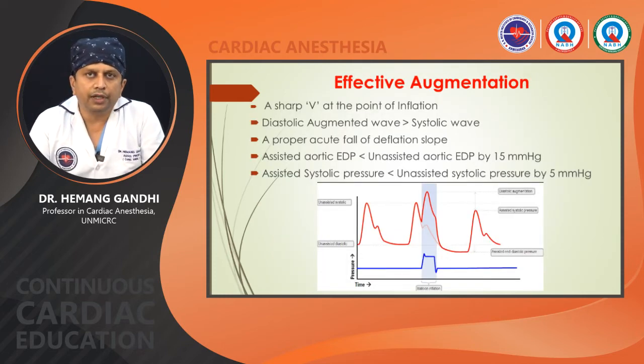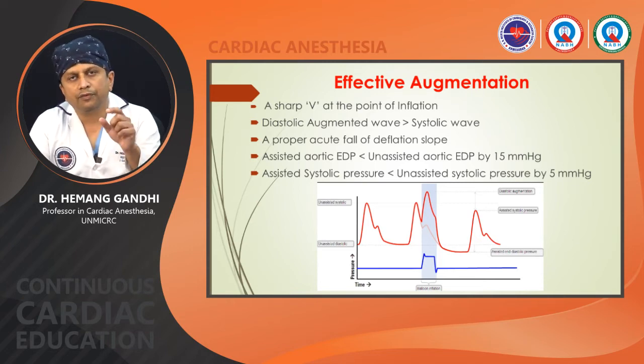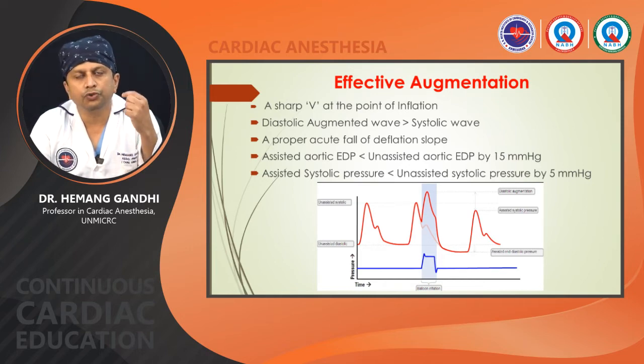How you can diagnose whether the augmentation of the balloon is effective: you have a few points on the graph from which you can see the augmentation is proper. First is a sharp V wave at the point of inflation. You will get this at the dicrotic notch, the sudden upstroke. The other point is that the diastolic augmented wave is higher than the systolic wave. So the diastolic augmented wave after the dicrotic notch should be higher than the previous systolic wave.